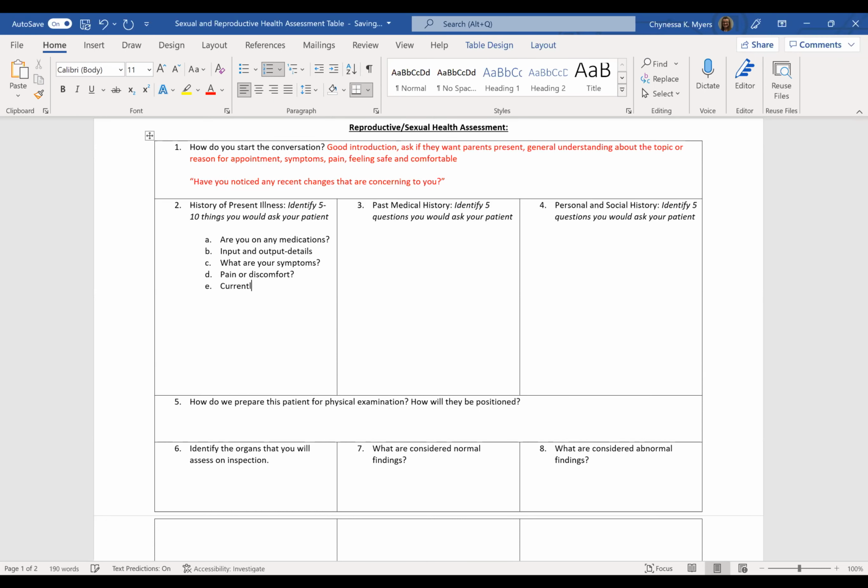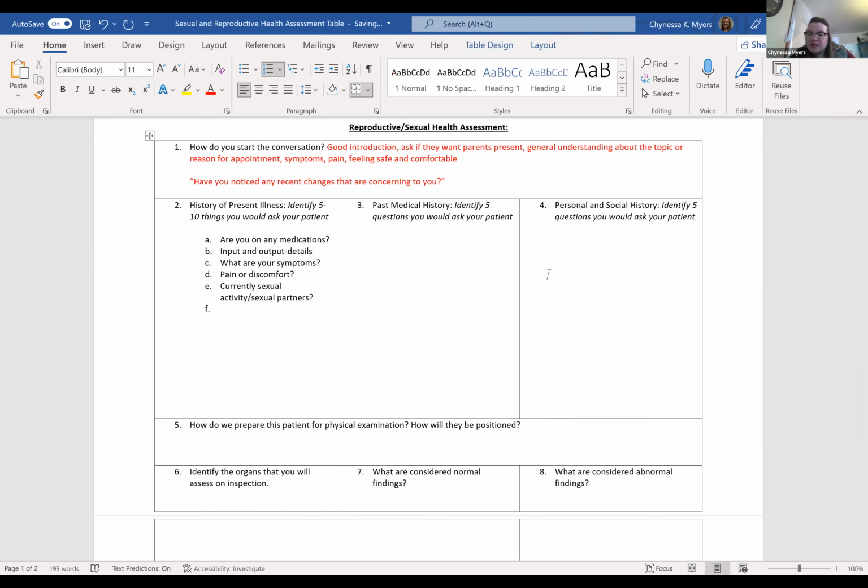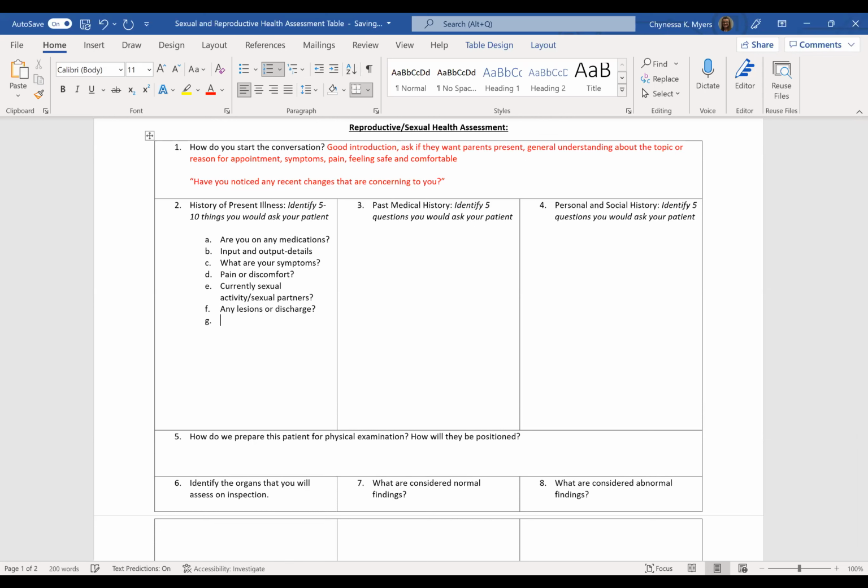Does it worsen when you do certain activities? That's a good one. Currently sexually active and sexual partners. Any lesions or discharge? Yeah, that's good.